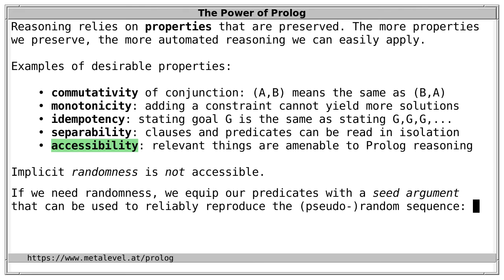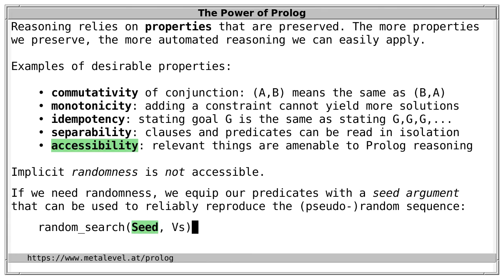And a solution to this is to introduce an explicit seed argument. Because if the random seed is available explicitly as a Prolog term, then we can use it to reliably reproduce the outcome of our program. For instance, if we want to express a random or pseudo-random search in Prolog, then we would do this with a seed argument. And the seed can be used to initialize the random number generator.